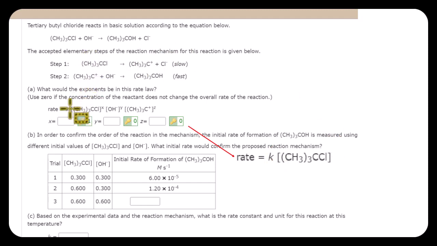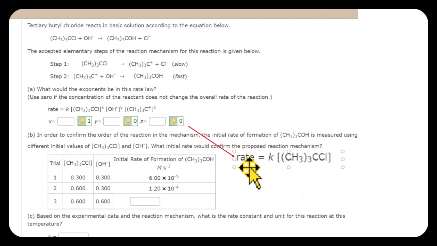So even though the rate here is shown as the rate is equal to the constant times the tert-butyl chloride, the hydroxide, and this third thing, none of the hydroxide and this third thing are involved in the reaction. So it's only this. And we would therefore say the hydroxide's irrelevant, raised to the 0 power, and the cation here is raised to the 0th power also.